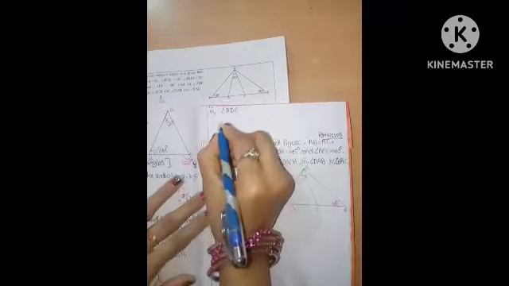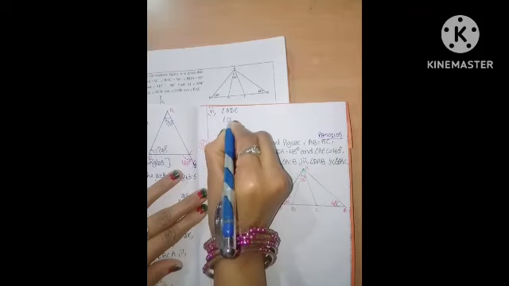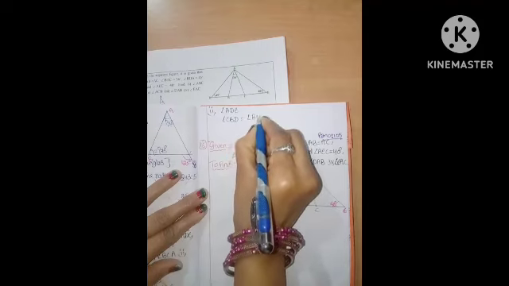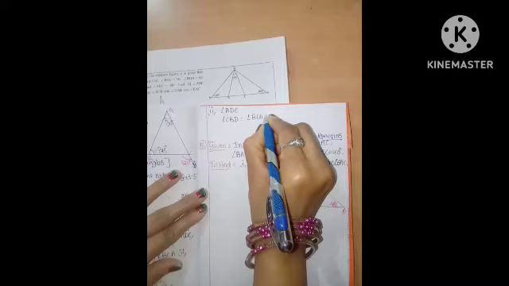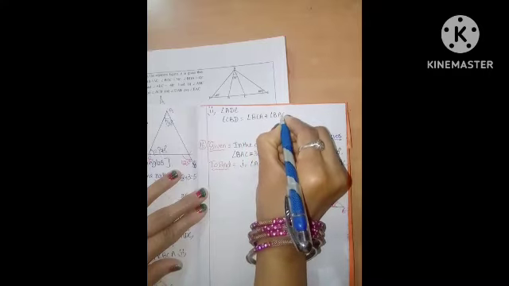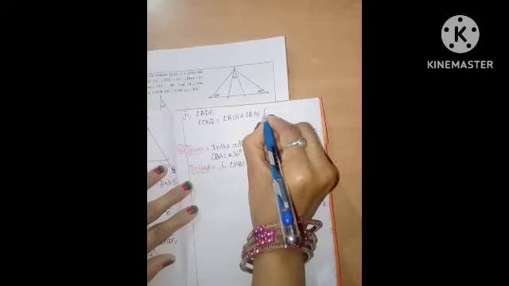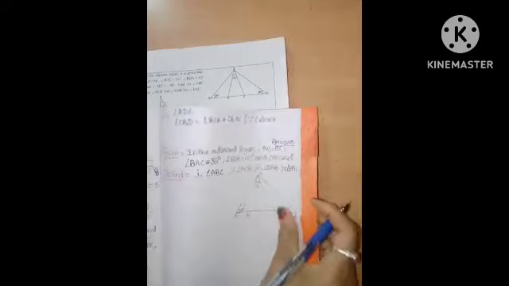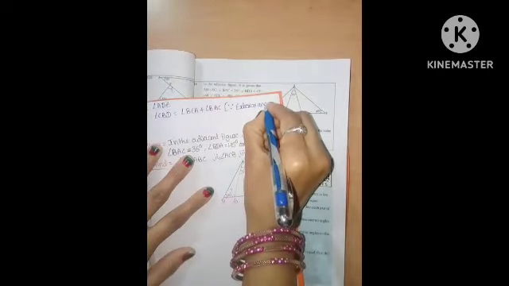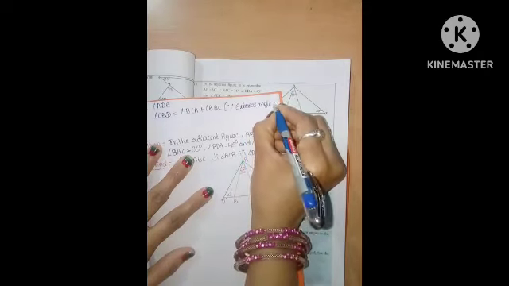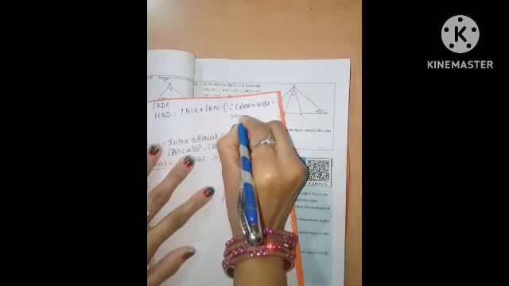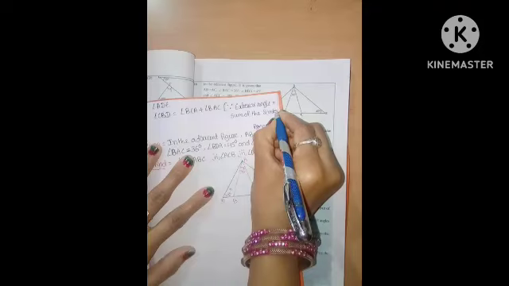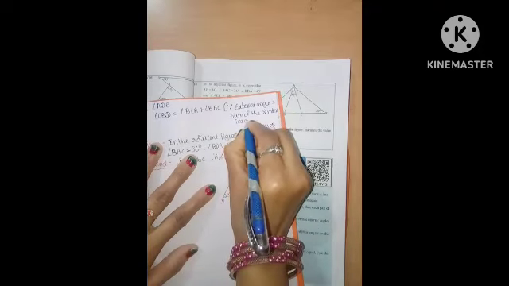What we needed first is angle CBD, which is equal to angle BCA plus angle BAC. Why is it equal? Because we are using the exterior angle property here: the exterior angle is equal to the sum of the two interior angles.